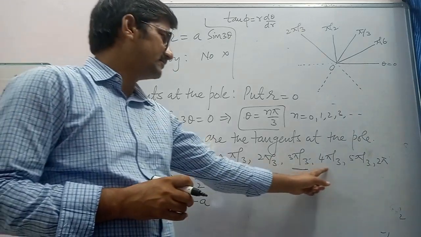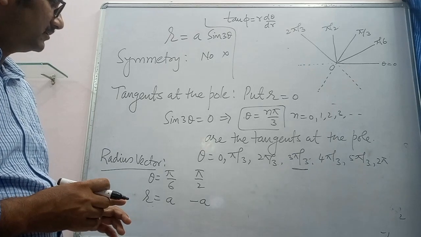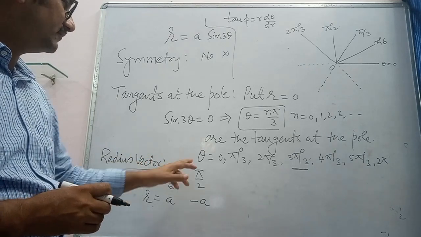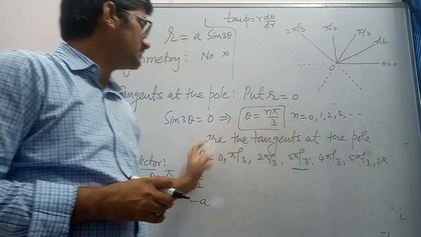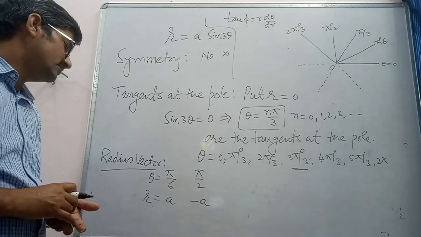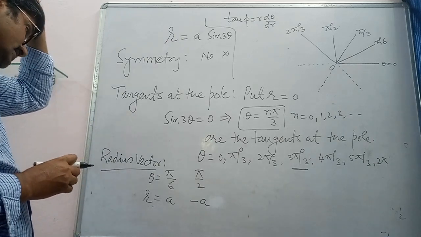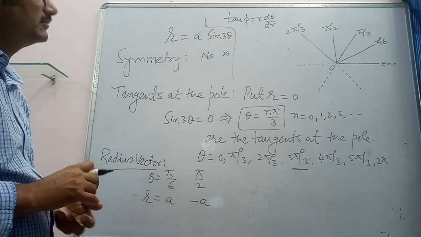Means we have to find r for some thetas, and those thetas are not included from these theta. So what are those values or those choices of theta we must take? So we have taken here theta equal to pi by 6.